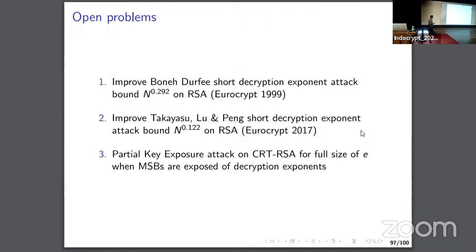That is, a partial key exposure attack on CRT-RSA whenever E is full size and we know the MSBs of the decryption exponents DP and DQ. Of course these are only some three problems, but there are many interesting problems on RSA and its variants: CRT-RSA, counterfeit prime RSA, prime power RSA, many variants. So these are all interesting problems.